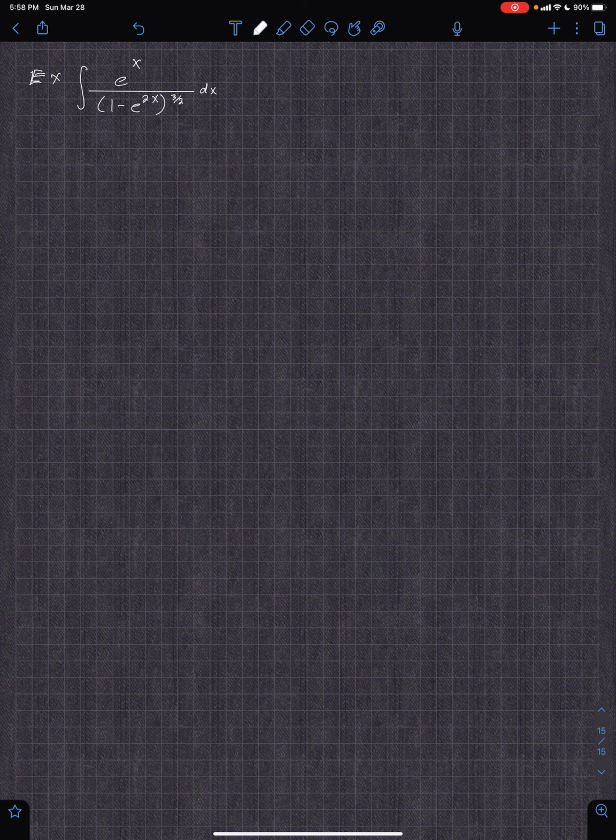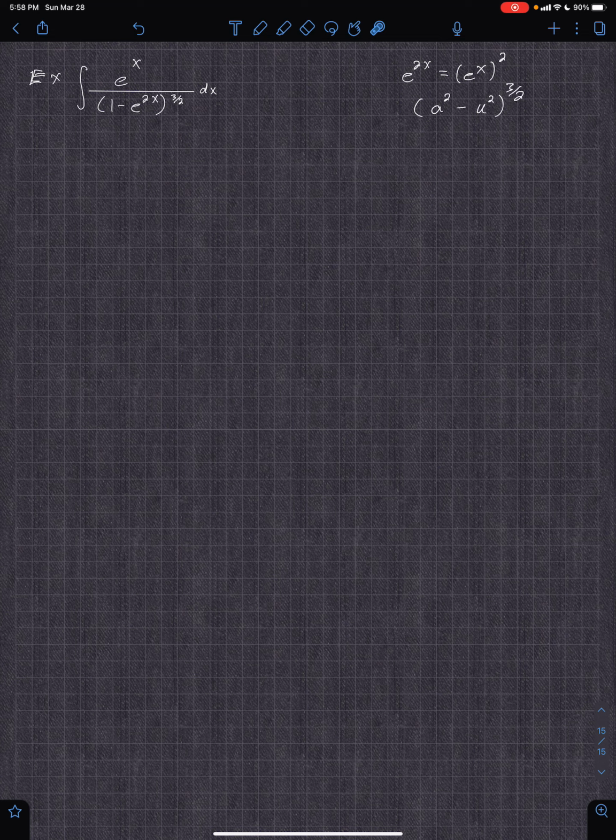We can use the idea that e to the 2x is really just e to the x quantity squared. And so this is a squared, and then 1 is squared. So the denominator form really is a squared minus u squared to the 3 halves. So this is what you look for.